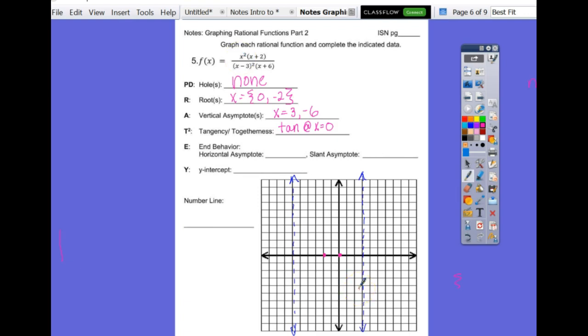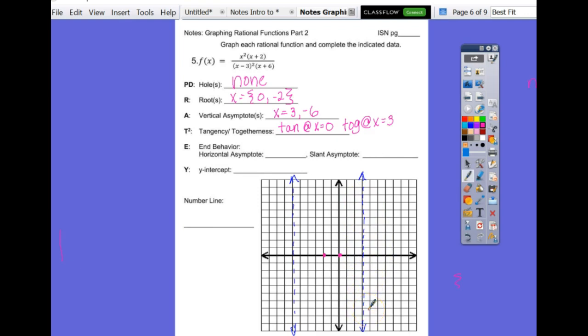And then I'm going to ask myself, do I have a squared term on bottom? I do have a squared term on bottom, so I'm going to have togetherness at x equal 3. So I'm either going to come up on both sides or go down on both sides. That's what the togetherness tells me.